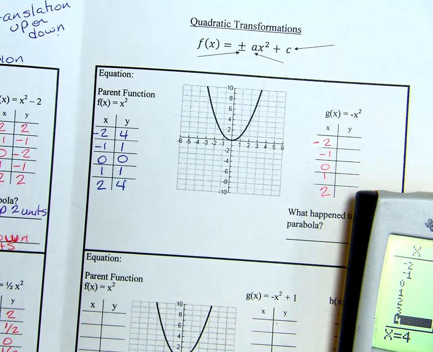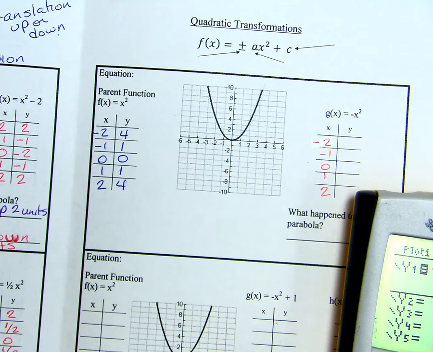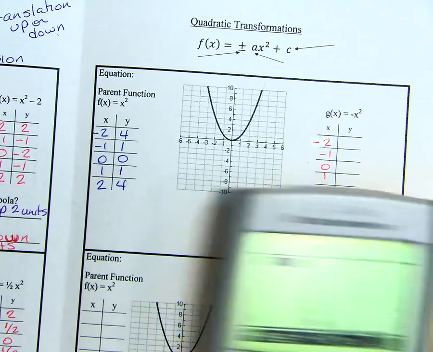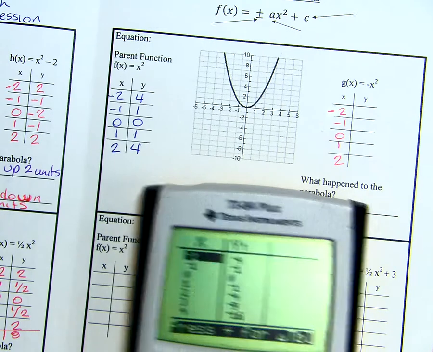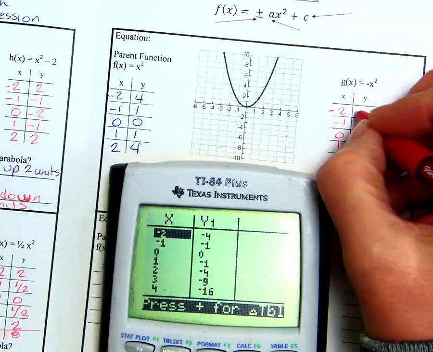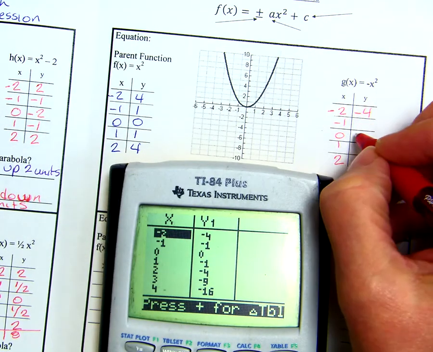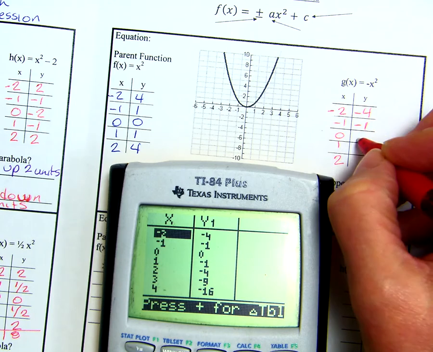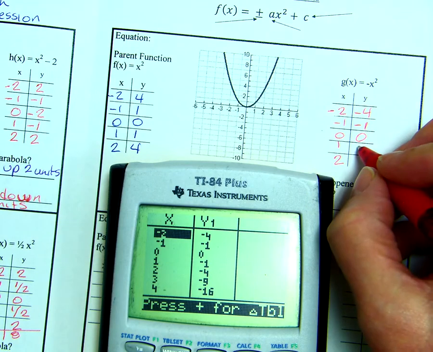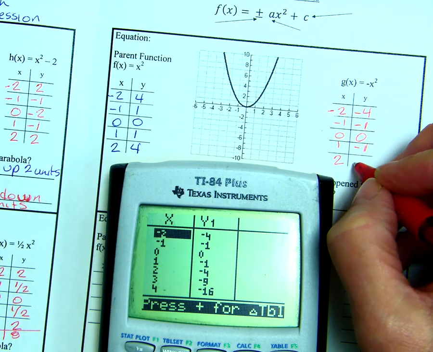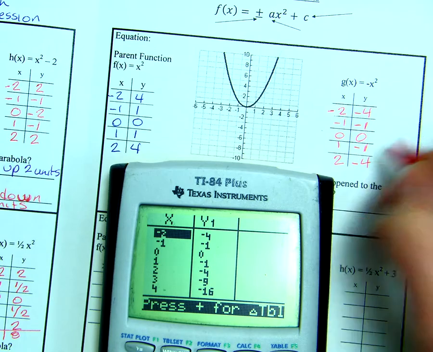So we go to the calculator to y equals, and we say -x². And we look at the table of values. So here we get -2 becomes -4. -1 is -1, 0 remains 0, 1 becomes -1, and 2 becomes -4.